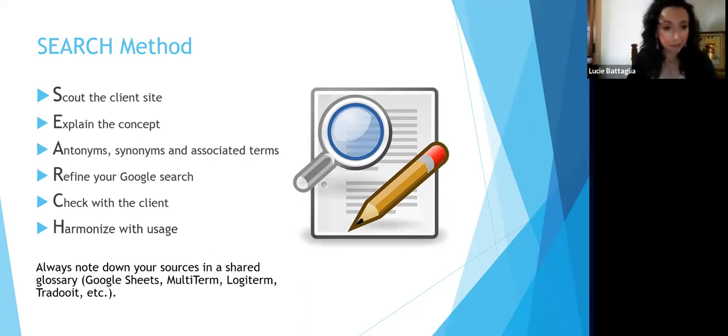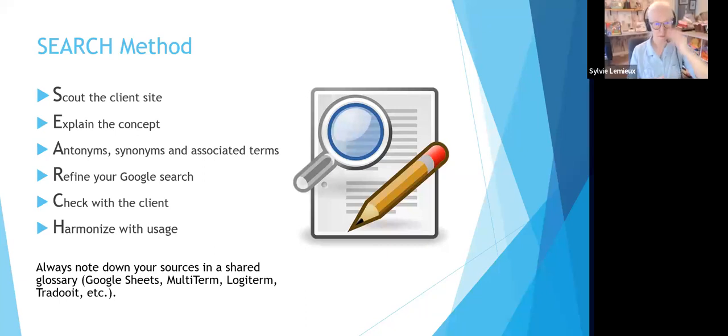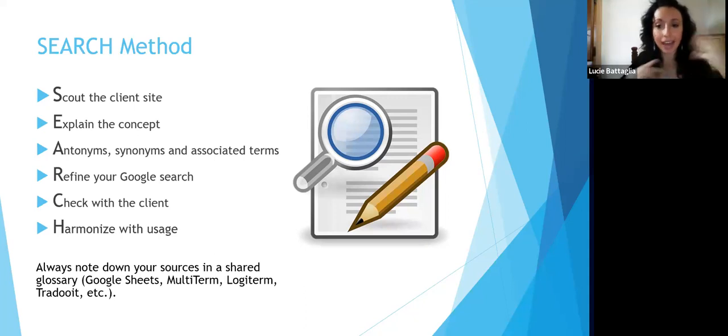So I'm going to get back to the method itself. It's 6 steps you follow in that particular order. You have to go from the S to the H, and first you have scouting the client site, explaining the concept. These will kind of always apply.